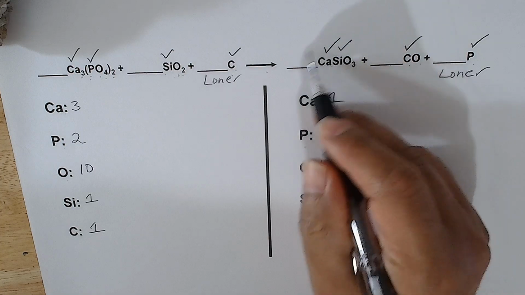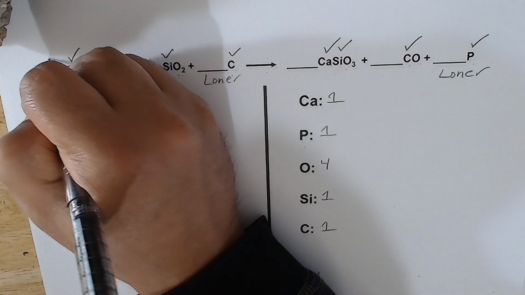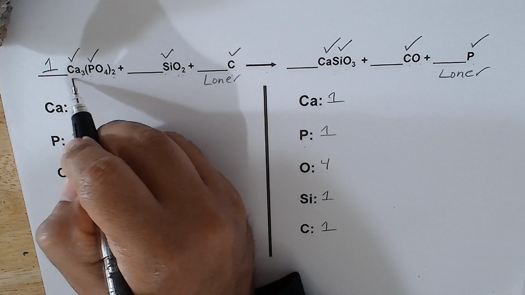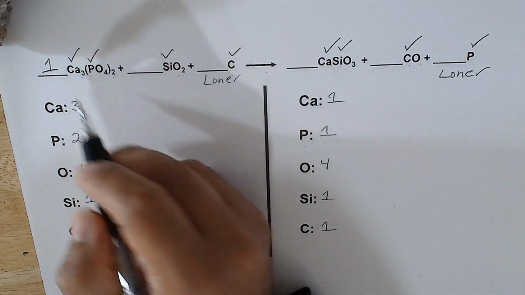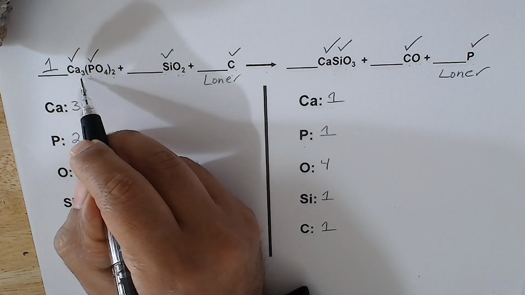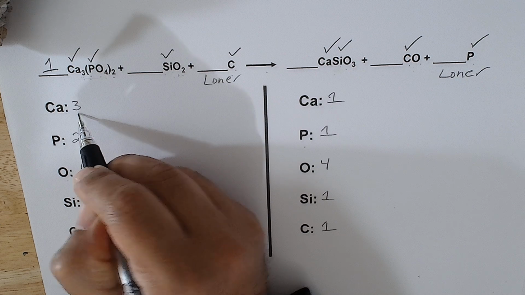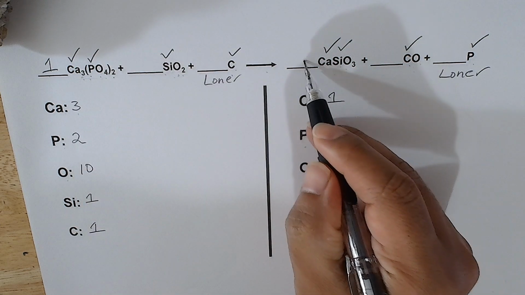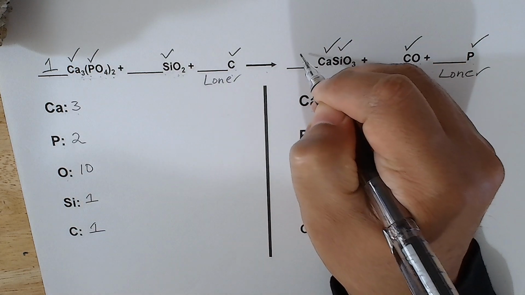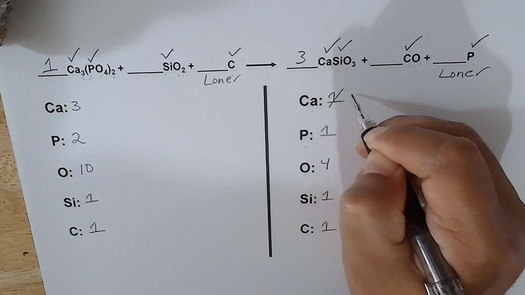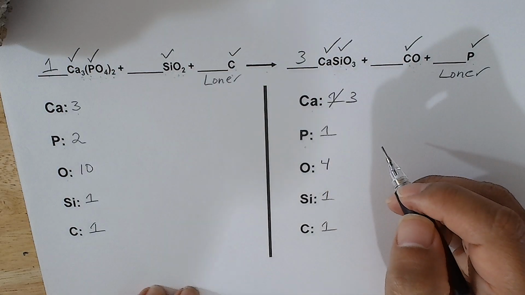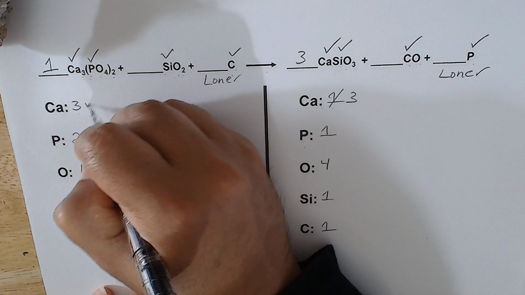But before I can even mess with this, I'm going to lock in this compound of calcium phosphate with a 1. So 1 times 3 gives me 3. So I need 3 over here in the product side. So now we have our calciums that are balanced.